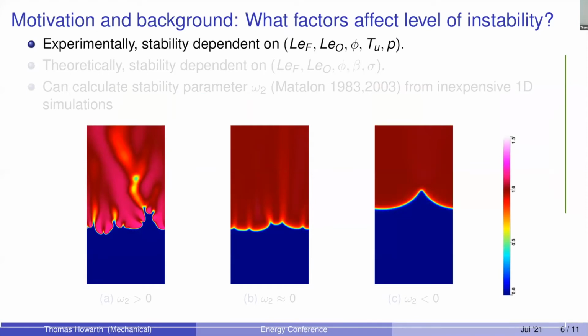So experimentally, we've seen that this instability is dependent on the Lewis numbers of the fuel and the oxidizer, the fuel to air ratio, the unburnt temperature of the fuel-air mixture, and the pressure of the system.